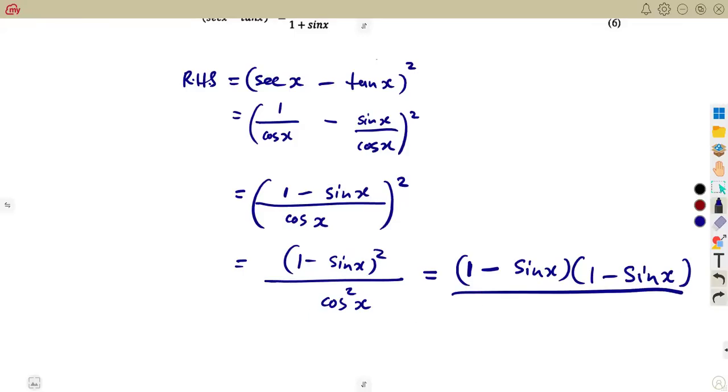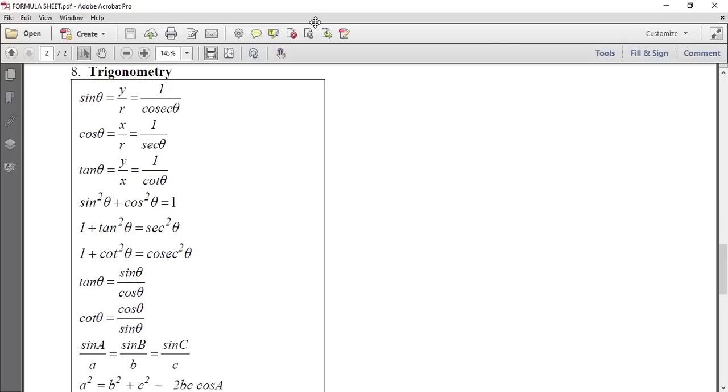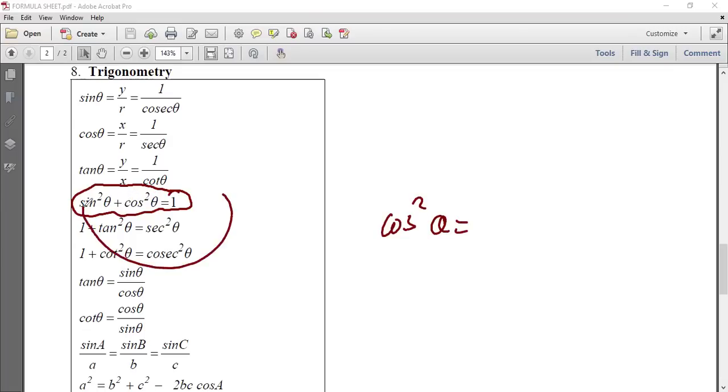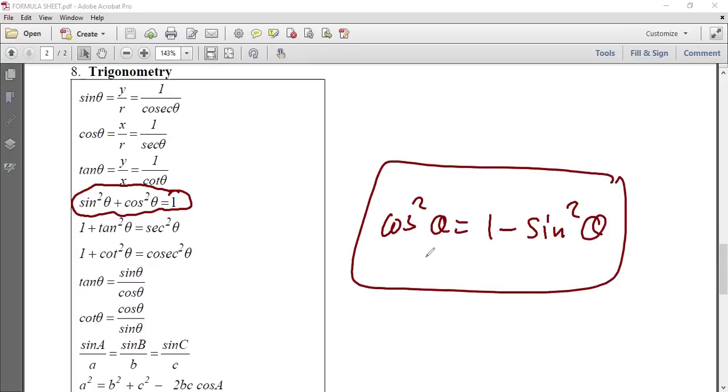Do we have any equivalent for this cos squared? Let's go back to our formula sheet where there is cos squared and sine. Yes, here sine squared plus cos squared is 1. So we can make cos squared the subject of the formula by taking the sine squared to the other side. So it will be 1 minus sine squared theta. So in place of cos squared, guys, 1 minus sine squared can be used.